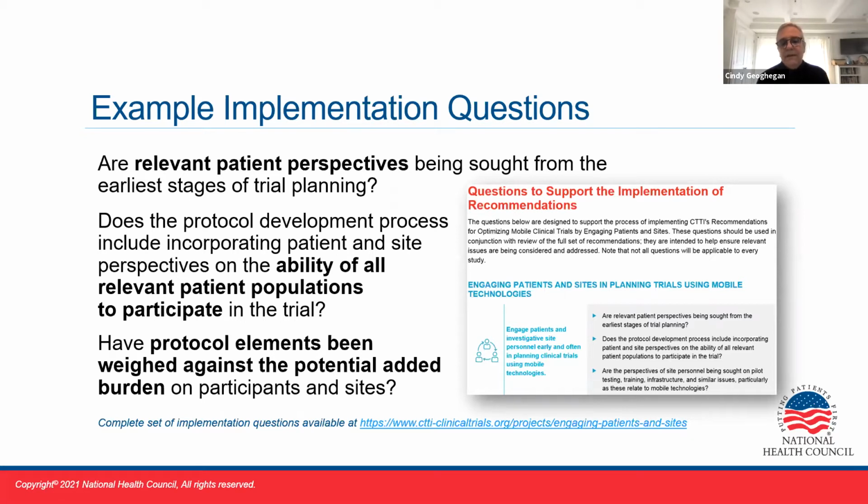One of the other things that COVID has brought forward is some of the disparities in care and access to care issues, and the things that technology might enable, they might also increase some of these gaps. And have protocol elements been weighed against the potential added burden on participants and sites? For example, if you're going to be tracking and monitoring somebody 24/7, it should benefit them and they should understand and recognize what that benefit is. Next slide, please.